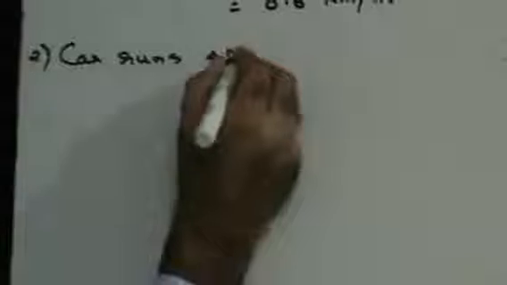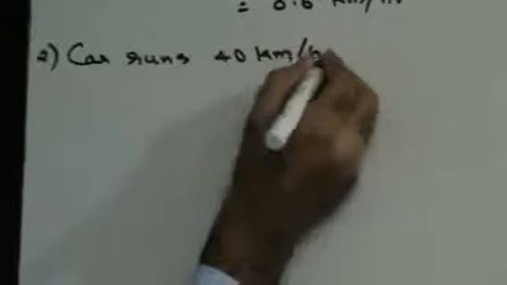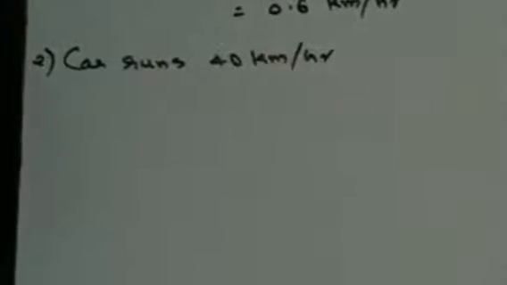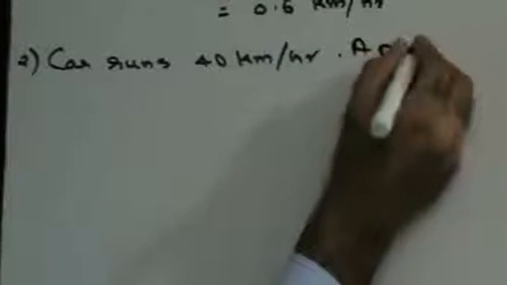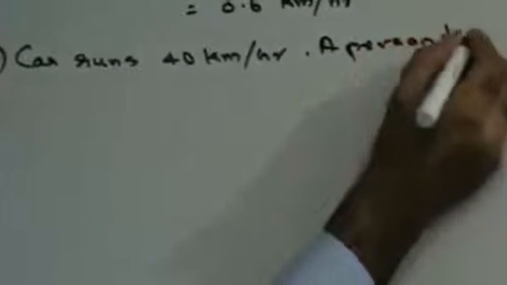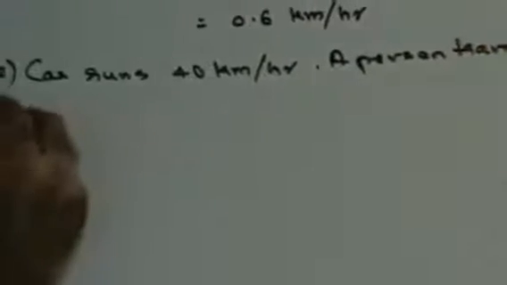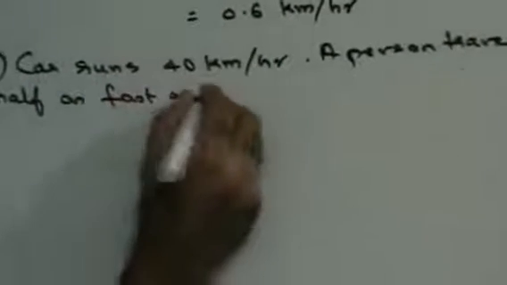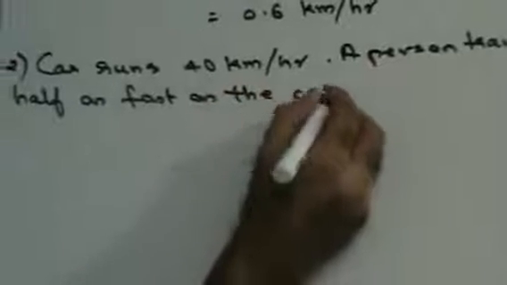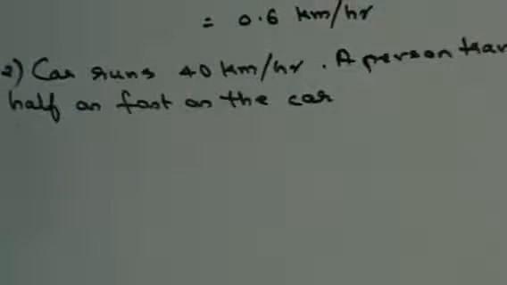A car runs at 40 kilometers per hour. A person travels half as fast as the car.